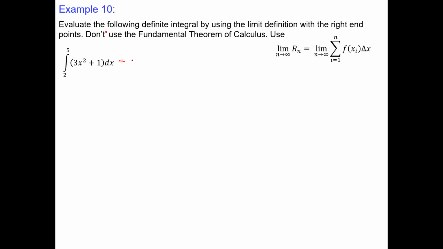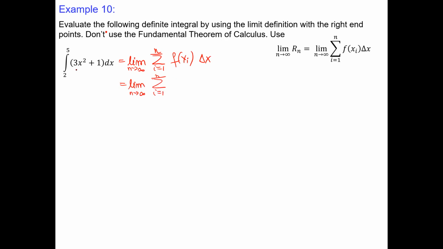Hopefully we will match. Limit of the sum of f of x sub i times delta x, i is changing from 1 to n, and n goes to infinity. Okay, now we can do this faster because we know all of the formulas.